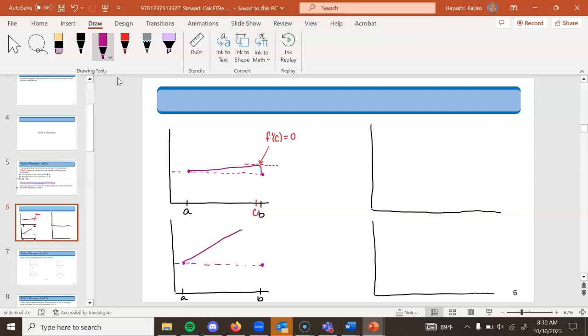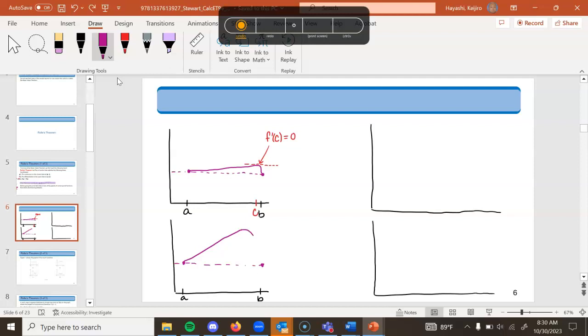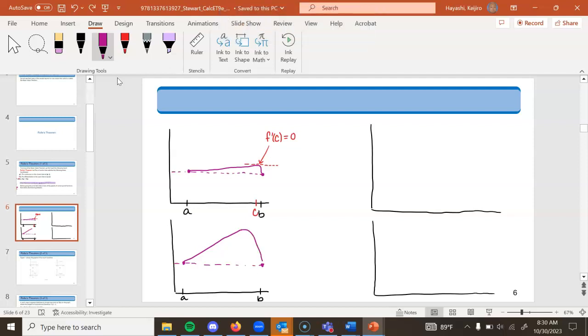Because somewhere, you're either going to have a straight line, right? And if you don't have a straight line, eventually you're going to deviate in a way that you're going to need to come back from, and when you come back from it, it's going to create that sort of turning point that is going to cause your derivative to be 0. It's going to create that sort of maximum or minimum if you're going down first and then up.